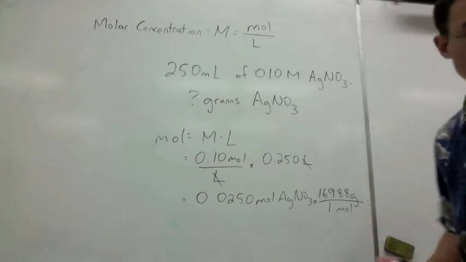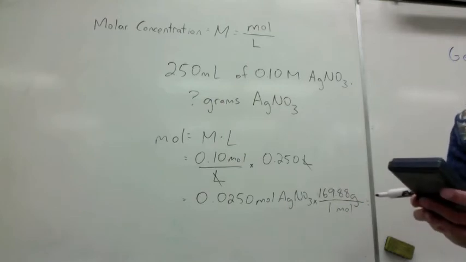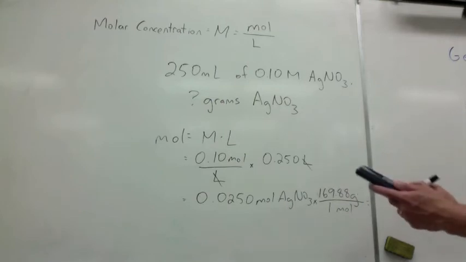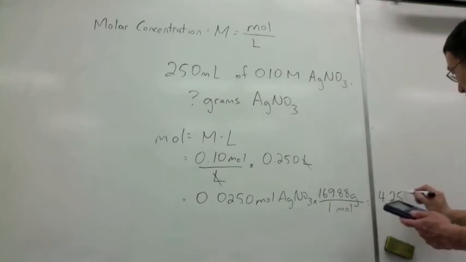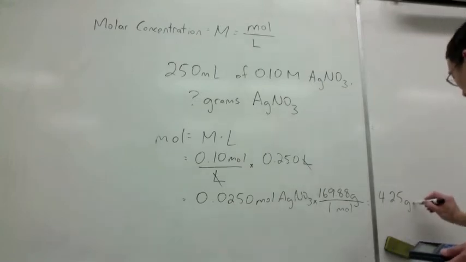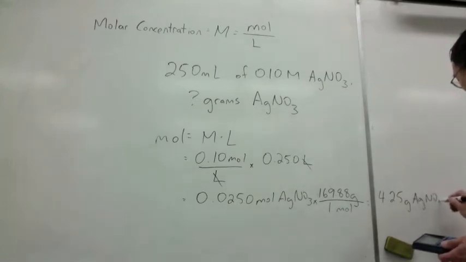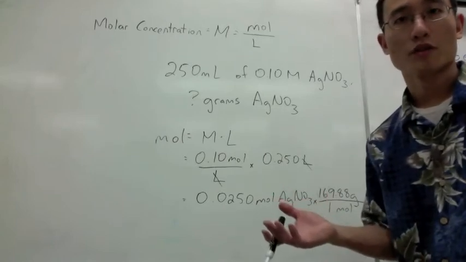And if I multiply that out, you end up with 4.25 grams of silver nitrate. So that's the first problem, calculating the moles of something.